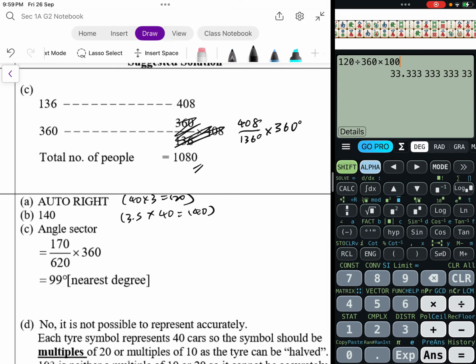Pandora is 4 and 1/4, times 40, which gives you 170 as shown here. Then divide by your total number of cars, so you still have to find the total number of cars.